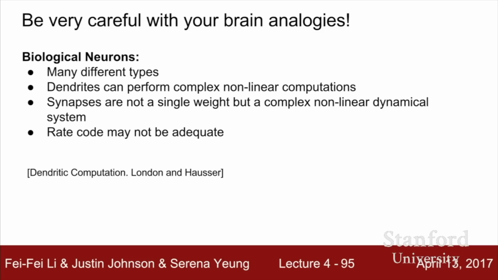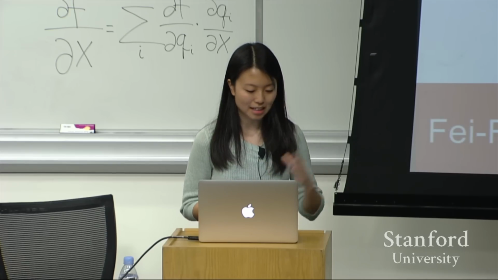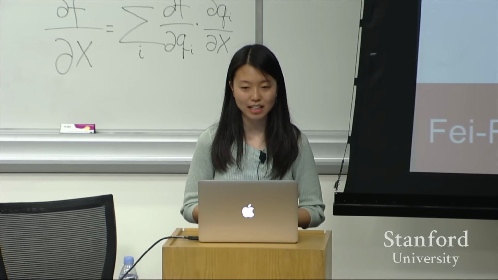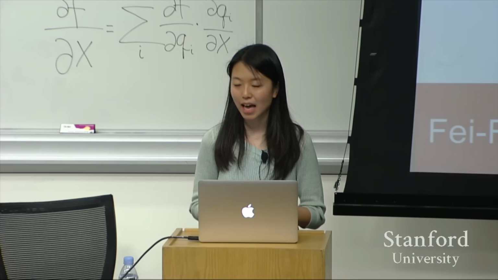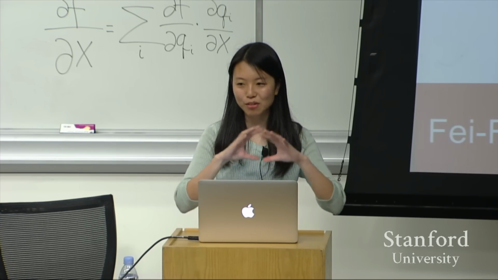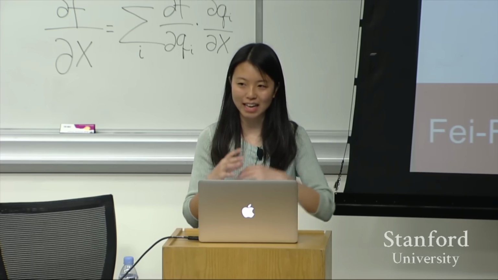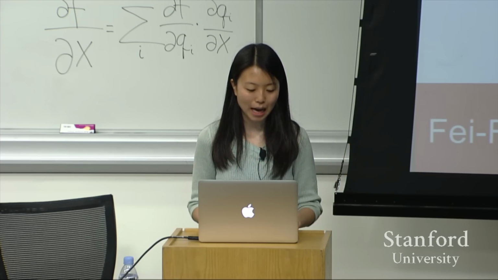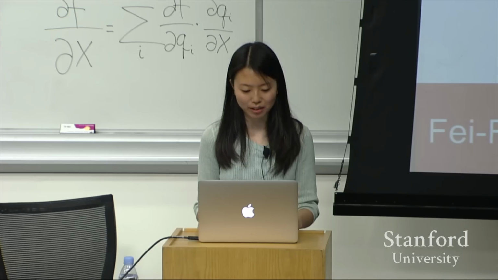So it's a much more complex thing than what we're dealing with. There are references, for example, on dendritic computation that you can look at if you're interested in this topic. But in practice, we can see how it may resemble a neuron at this very high level, but neurons are in practice much more complicated than that.